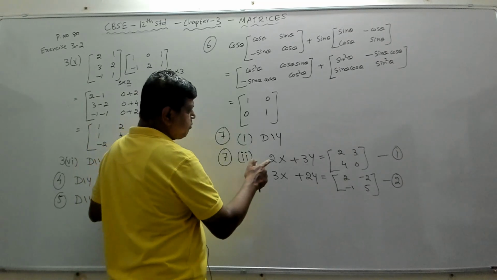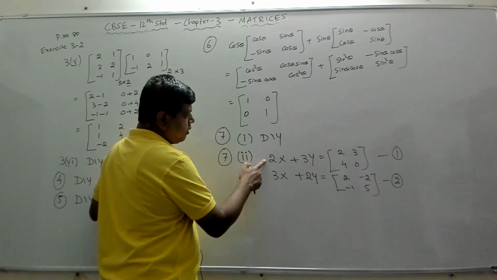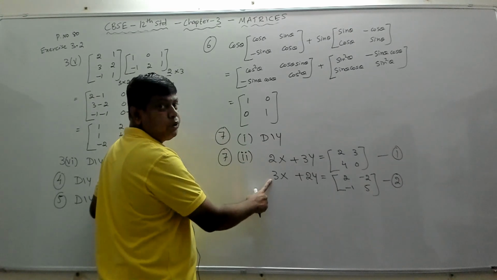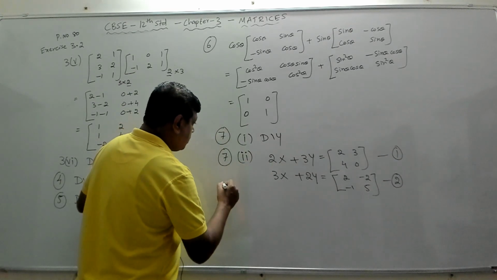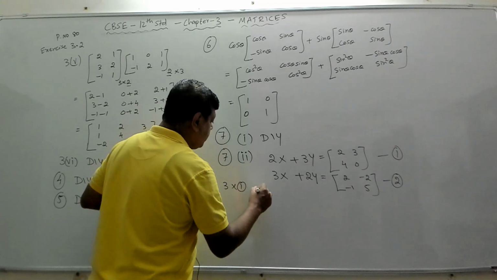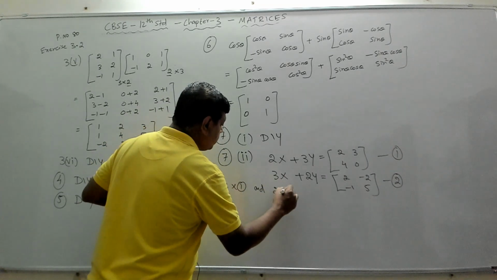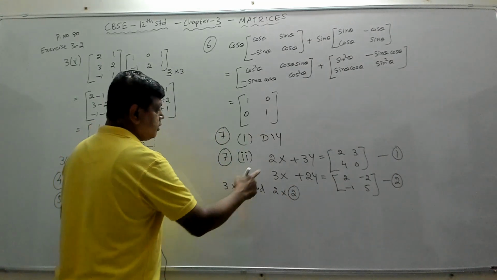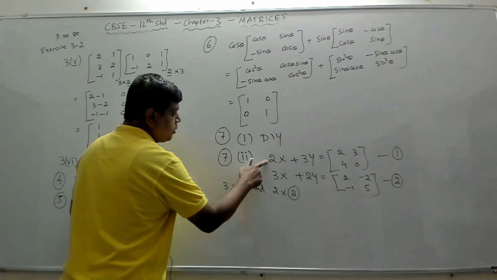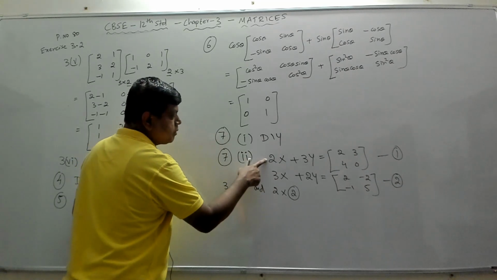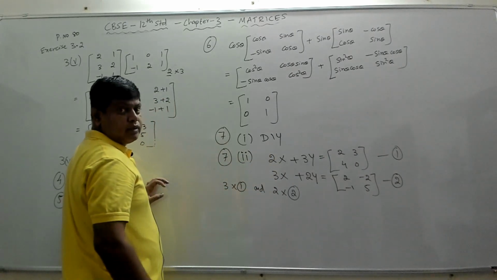So we'll make the coefficient of x the same. Here it is 2, here it is 3. So we'll multiply the first equation by 3 and the second equation by 2. So 3 into the first equation becomes 6x, and if I multiply the second with 2, this will also become 6x, so that we can subtract and cancel them.